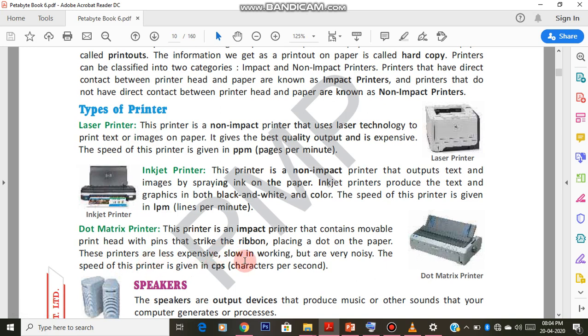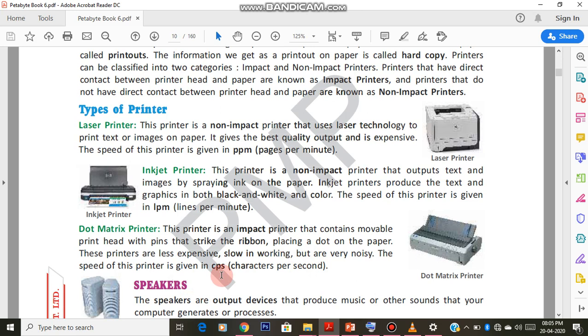You might have seen this while they are printing your train tickets, right? Next time if you go to the railway station, observe that. So the speed of a dot matrix printer is counted using characters per second, not minute, second.